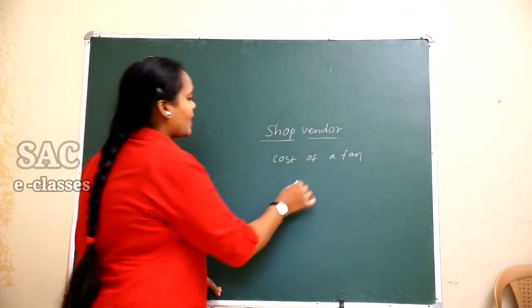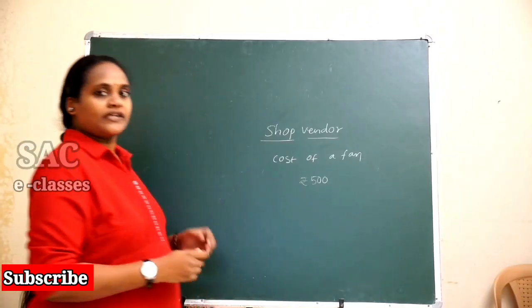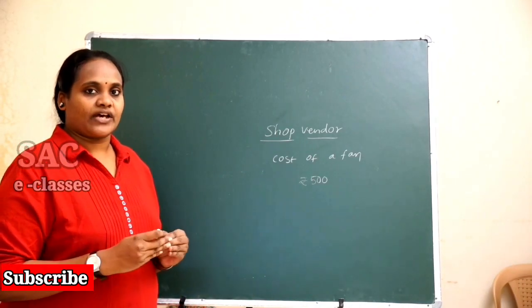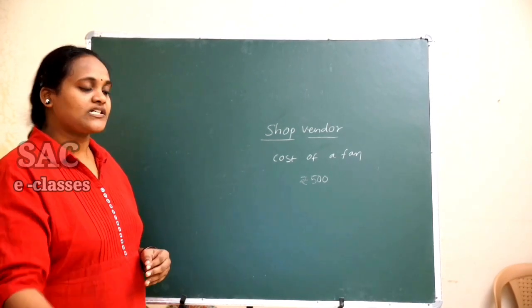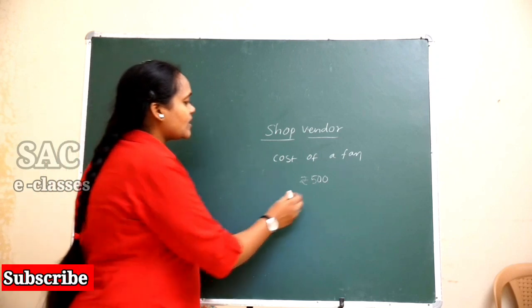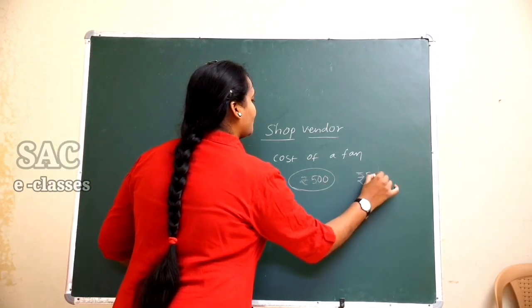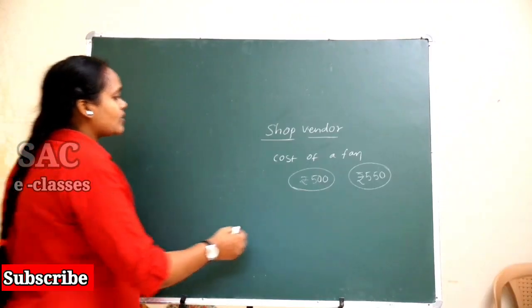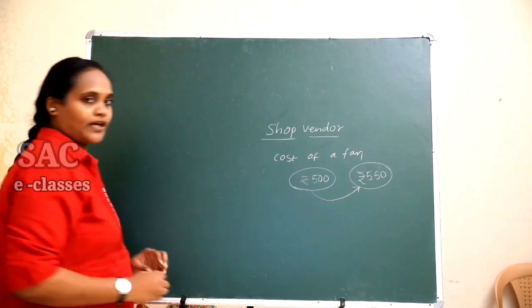The cost of a fan is 500 rupees, he has said. But you did not purchase that fan at that time. You have gone the next week. This week it is 500 rupees. The next week he has said 550 rupees. You have observed that there is a change in the cost of the fan.